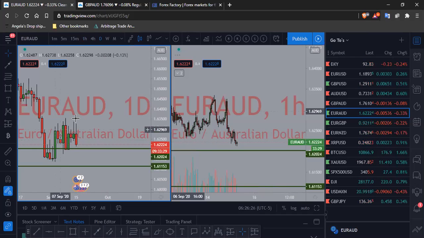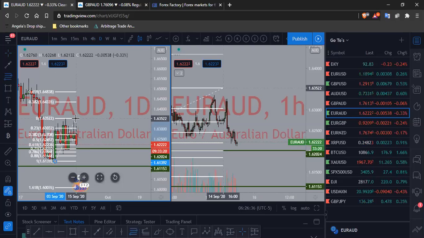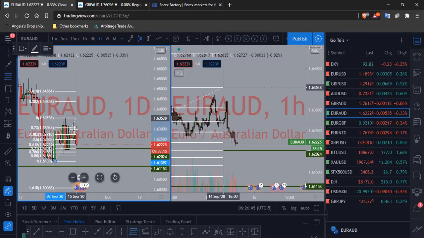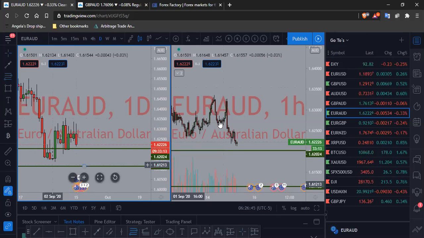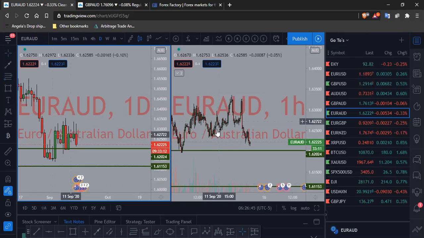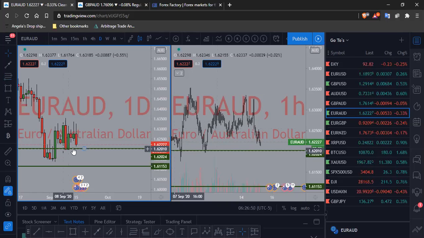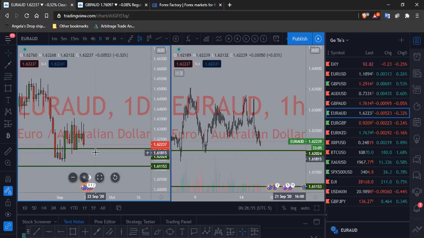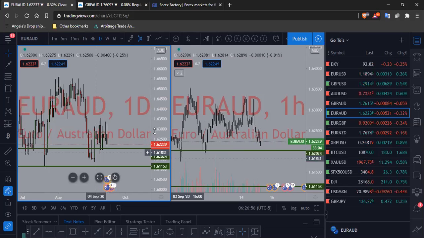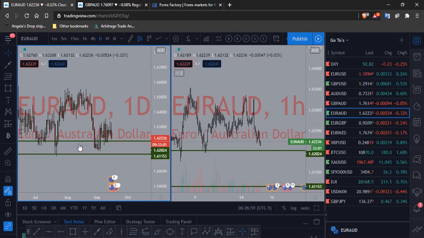Let's see. I just want to fib this real quick. Yeah, it's came over here and hit 78.6 and it's gone bullish multiple times, but then also bearish. It's just been ranging. So unless price breaks out to the downside, I'm really still kind of bullish on EURAUD because it's hit here multiple times.